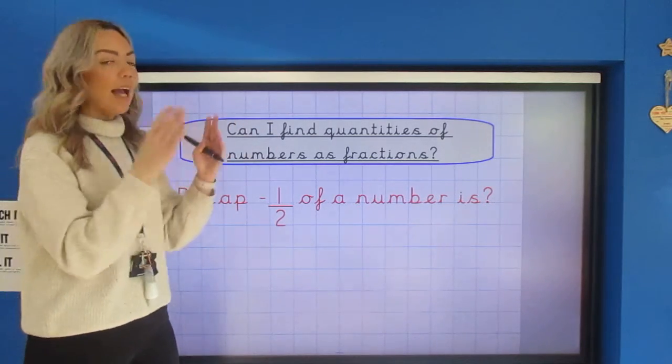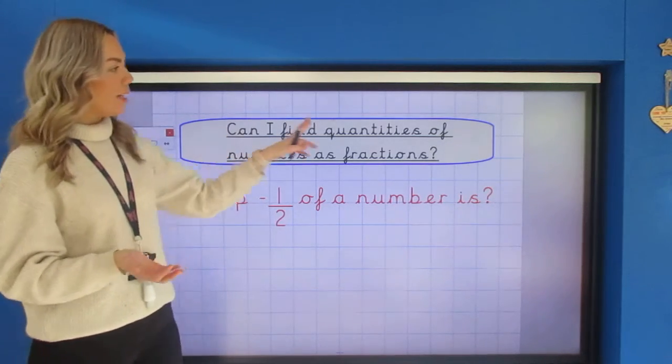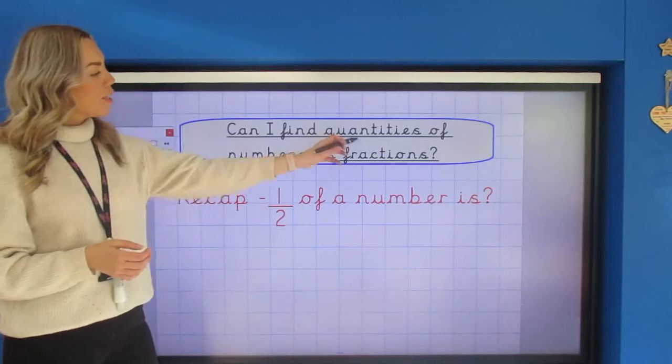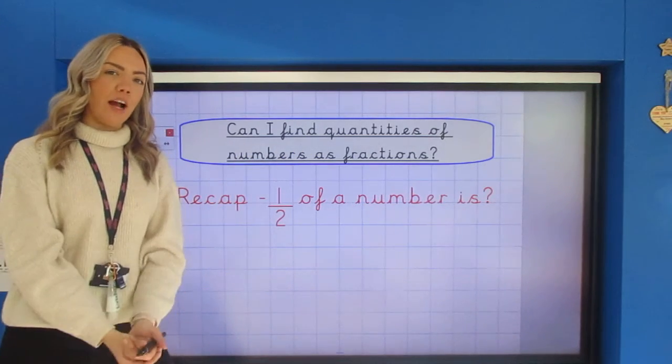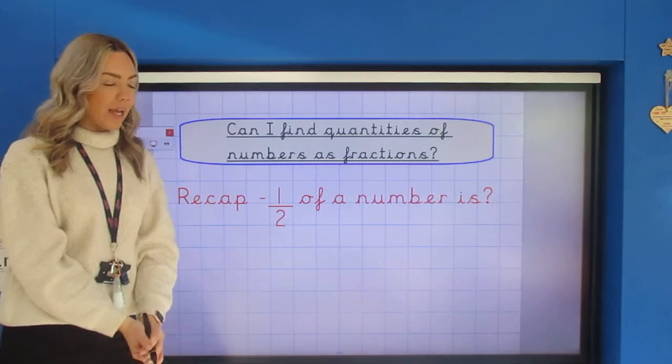So it's like when we did our fractions as shapes, we're taking a section. It's the same when we're using numbers, okay? So all we're going to be doing today is instead of looking at shapes to find a fraction, we're going to find a fraction of numbers, okay?